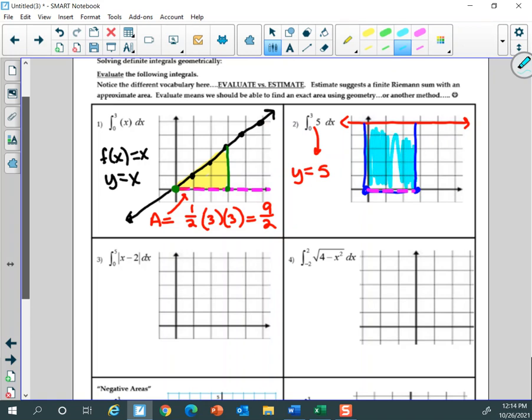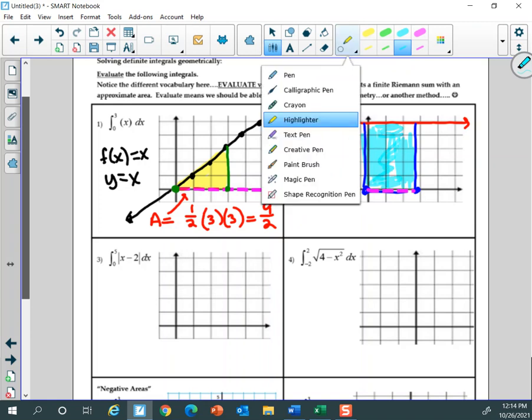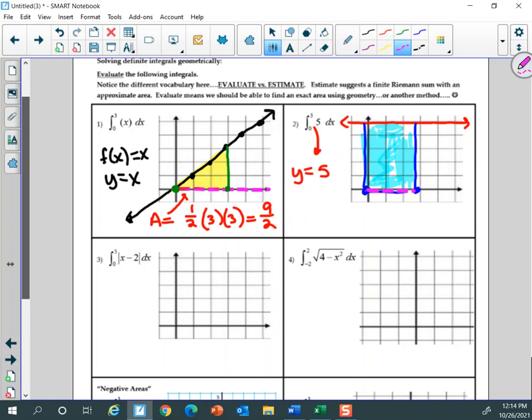And there's our second area problem. I didn't draw that line very well. So, value of this integral. Area of a rectangle, length times width.